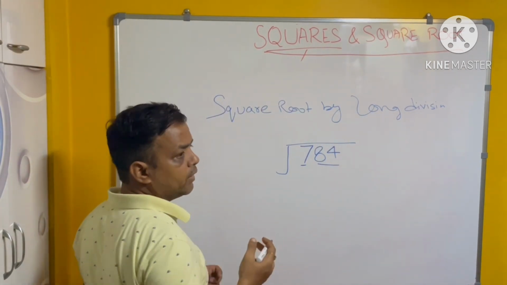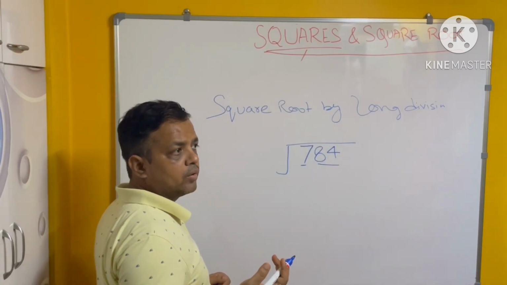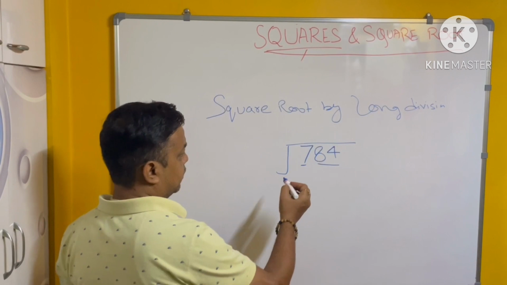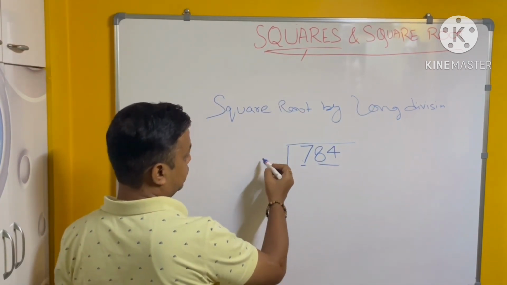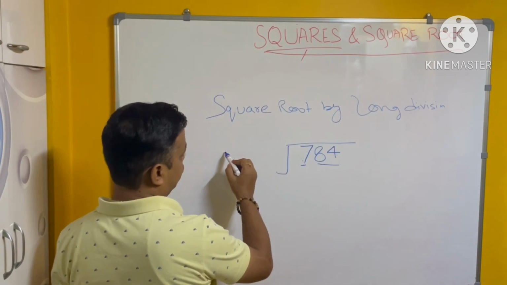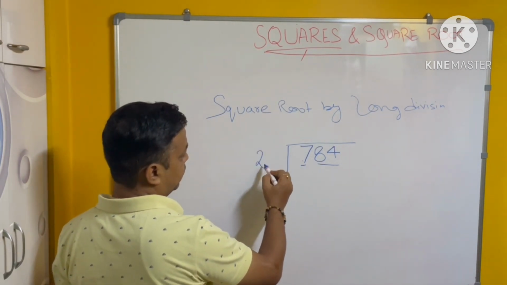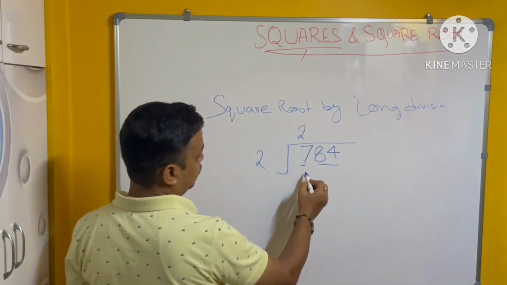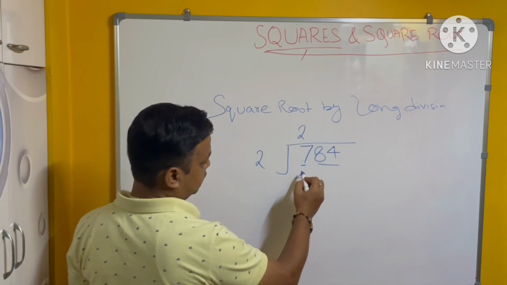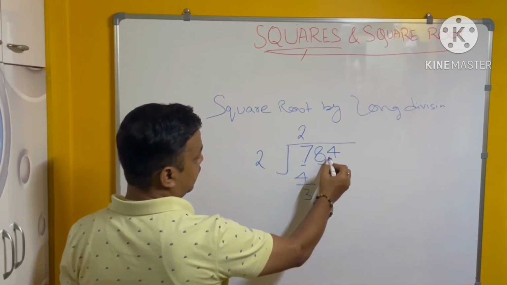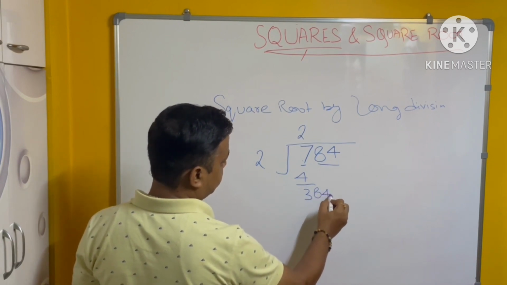Now we will find a number whose square is less than or equal to this number. Suppose I choose 3, 3 3s are 9, so it is greater, so the number is 2, 2 2s are 4.